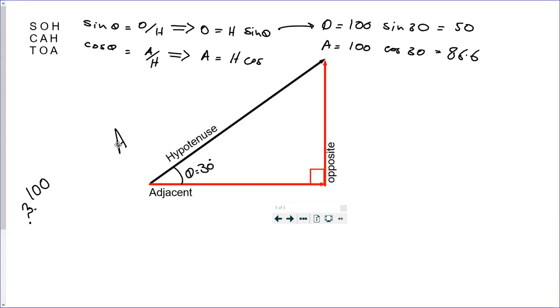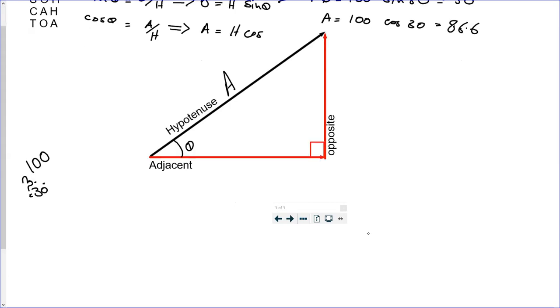So if we have A as the hypotenuse and theta is just theta, then the adjacent is A cos theta, and the opposite is A sine theta.